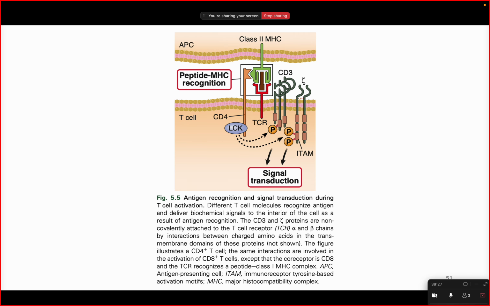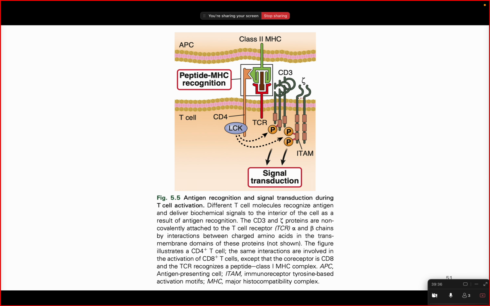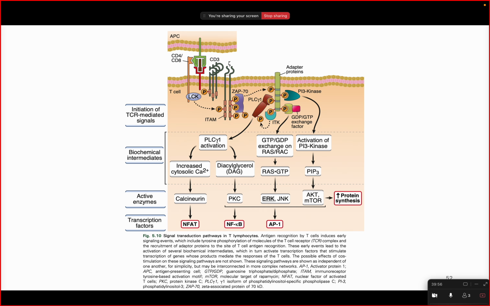Then we looked into the antigen recognition and signal transduction during T cell activation. Whatever we have seen in the big version, this is the focused and concentrated version. So we start the conversation about only this region. But see, there are many different types of co-receptors involved to have an effective activation of T cells.